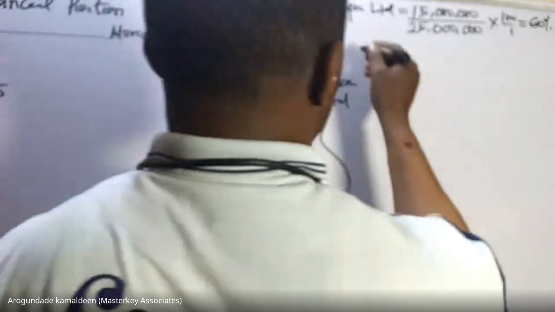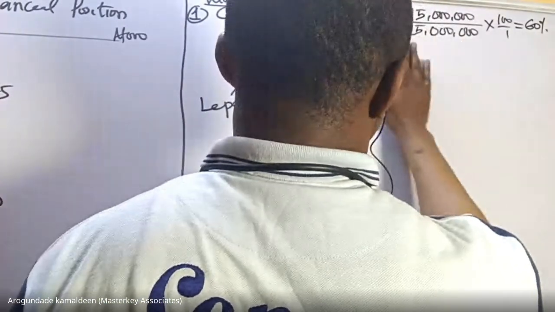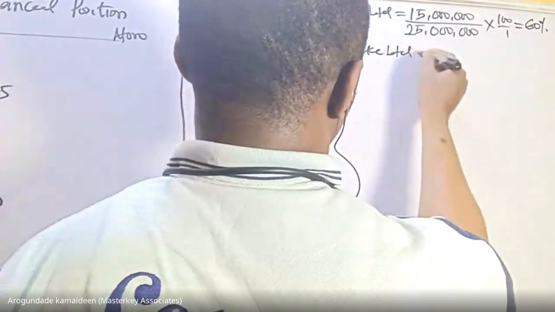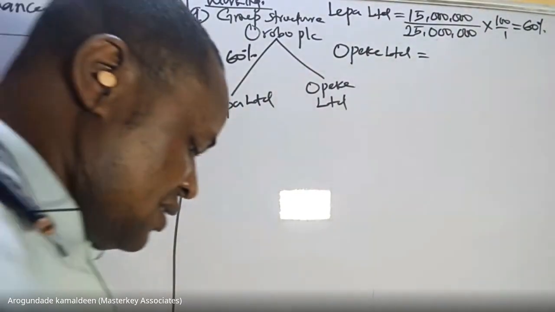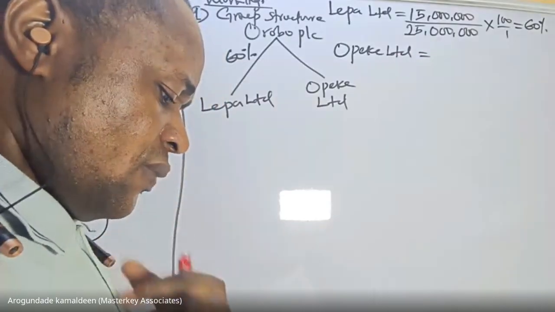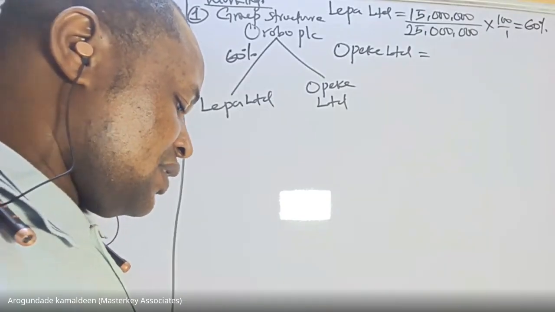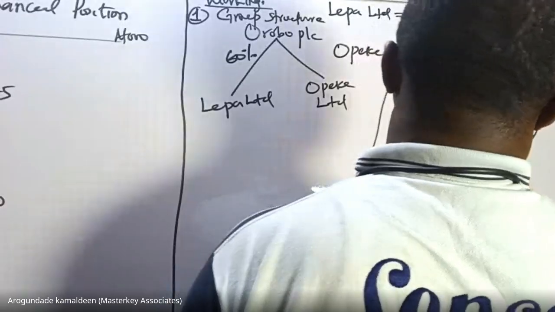Orobo also bought in Opeke. What is the total shares bought there? There we have 5.625 million.